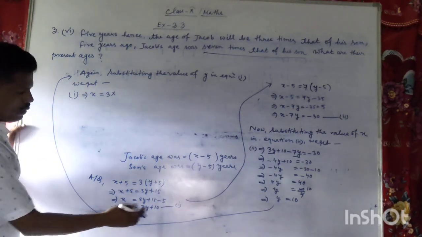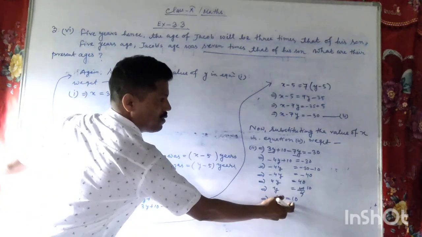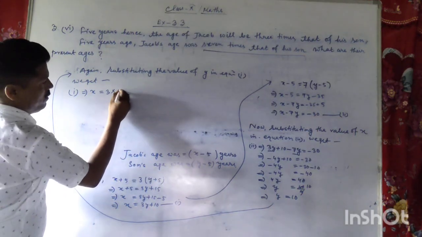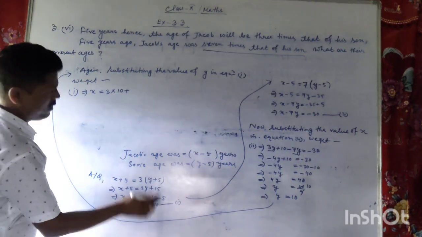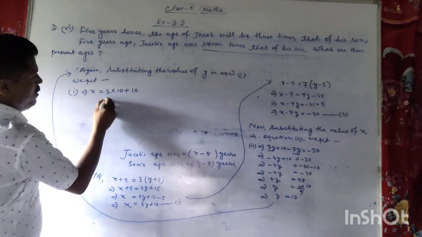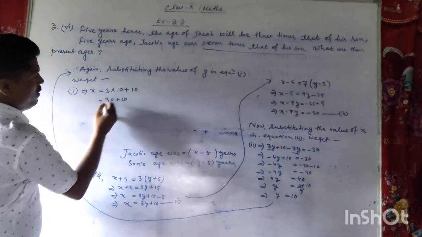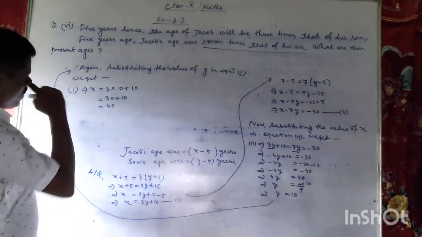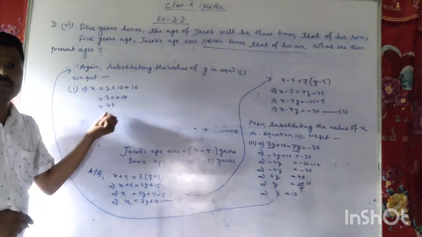Y value is 10. Then 3 into 10, that is 30, plus 10. That means 40. So x value is 40.